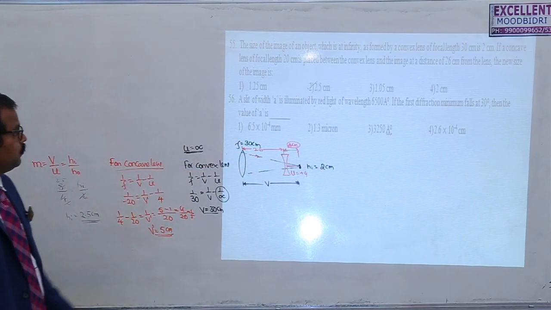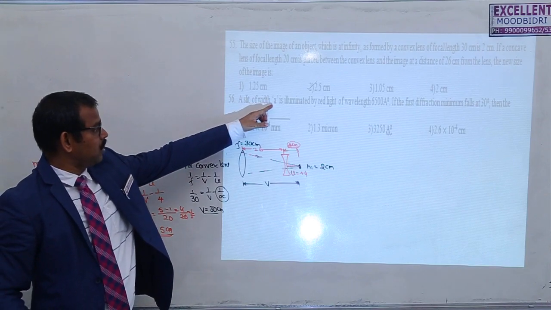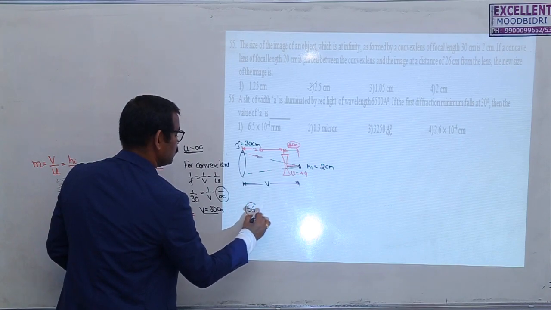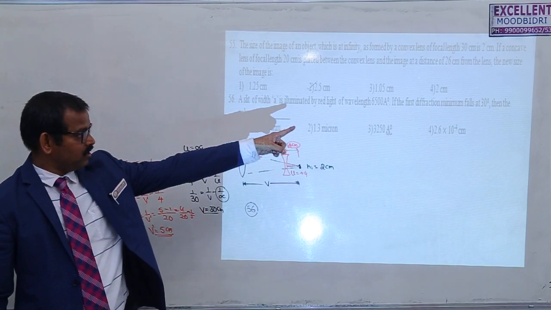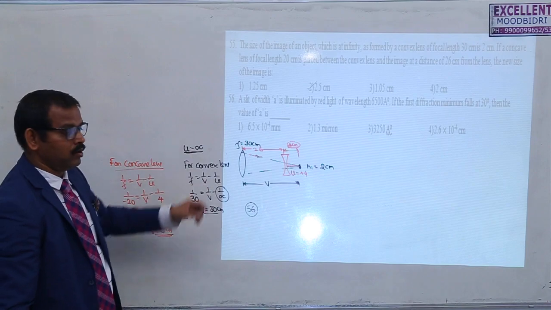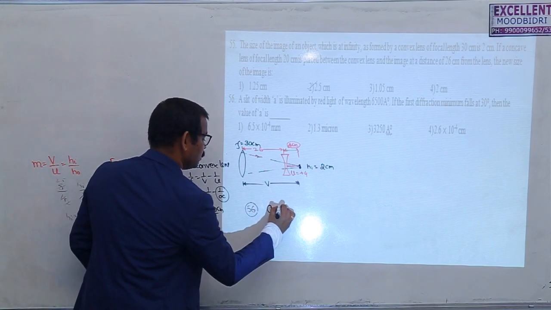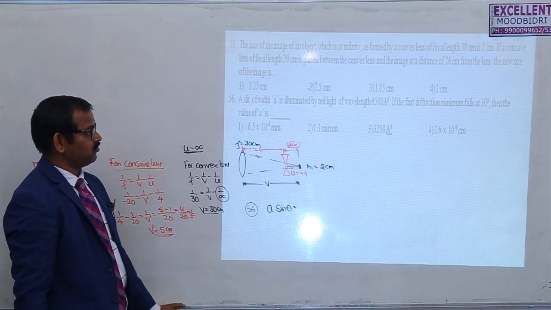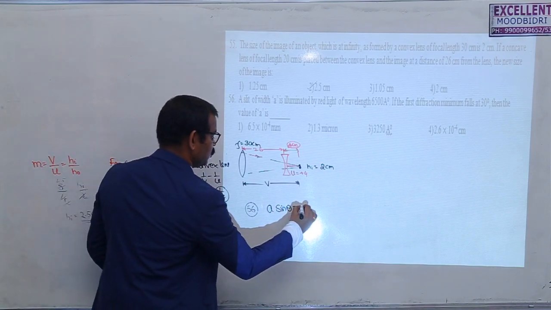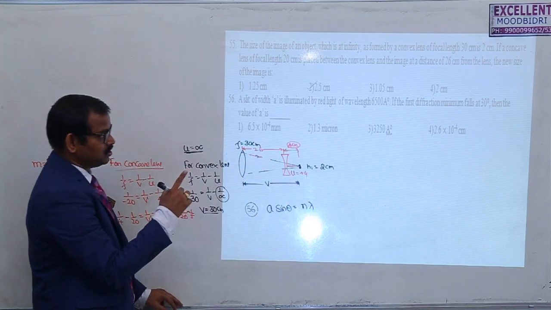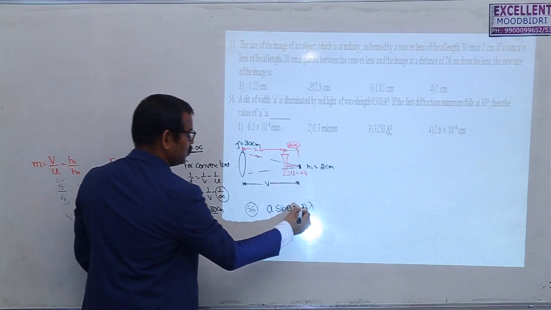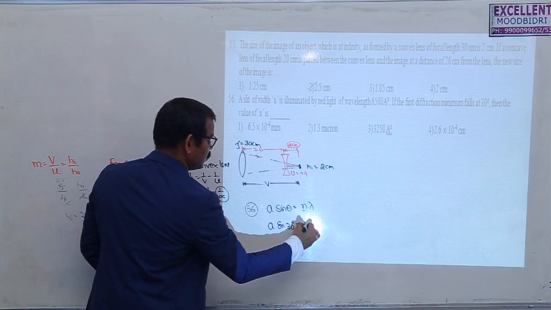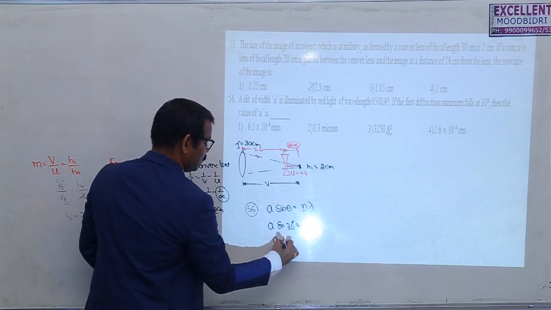Now, next one, a slit of width A is illuminated by a red light. This is problem number 56. If the diffraction minimum falls at 30 degrees, then the value of A. So here the path difference in case of diffraction is given by A sin theta is equal to n lambda. If the first diffraction minima, that is n is equal to 1, is formed at 30 degrees, so A into sin 30 degrees is equal to 1 into lambda.